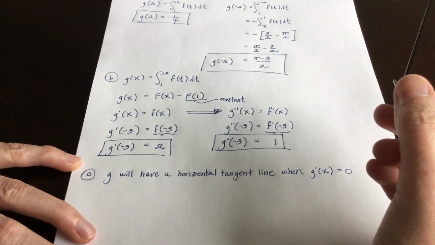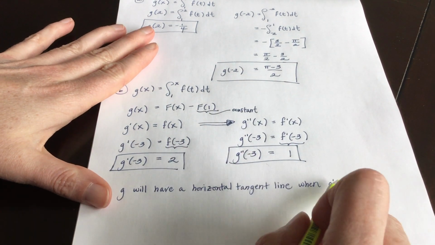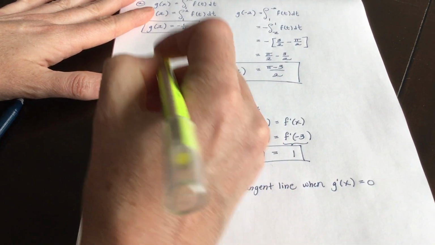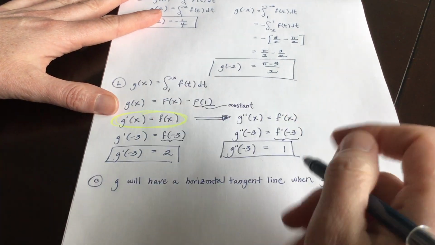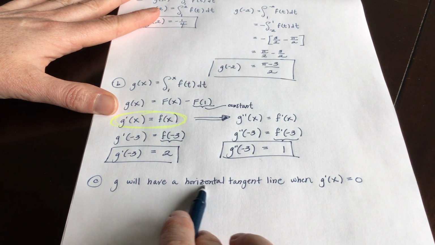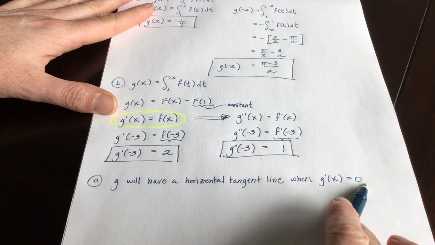There you go. And now let's go back, my friends, to the graph of f. So what's g prime? g prime is f of x. So this whole sentence could have said G will have a horizontal tangent line when, replace g prime with f, so it would be when f of x equals 0.